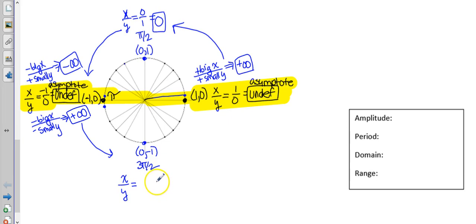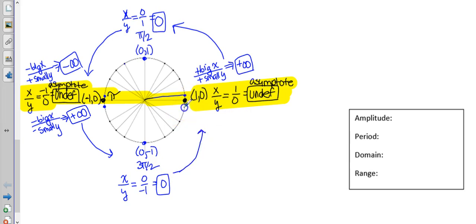X divided by y. And we get 0 divided by -1, which is 0. So we're leaving 0, which means x divided by y is going to start off pretty small and start to get larger.